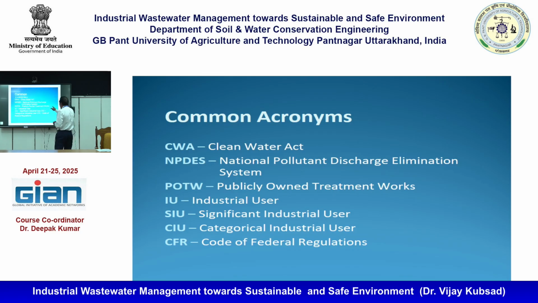So that is what I mentioned: the publicly owned treatment works, industrial user, significant industrial user. I just want to tell a little bit. It is all there in the glossary. You can read it in the evening or whenever you get time. Significant industrial users, in the sense they have made a category. If the industry is discharging 25,000 gallons per day, I am using gallons and pounds, so pardon me for that.